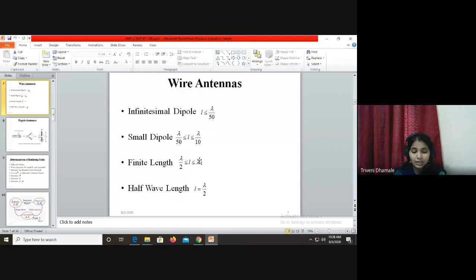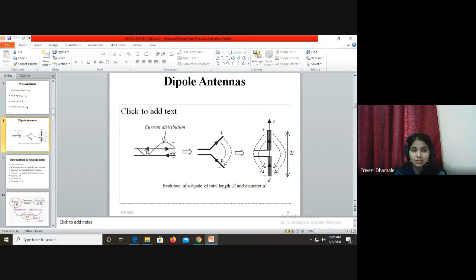The antennas in the form of a straight wire are called linear wire antennas, that is a simple wire antenna. Now in this case, two transmission lines or two wires are there. The first one is positive and the second one is negative.